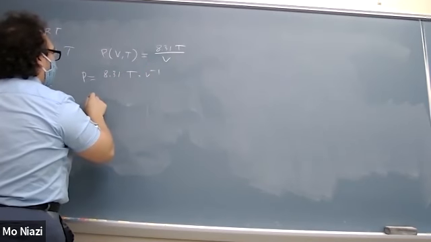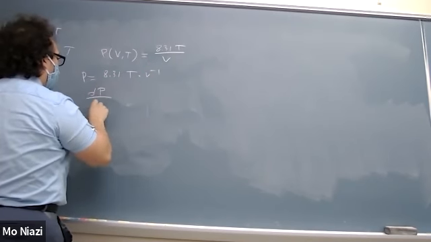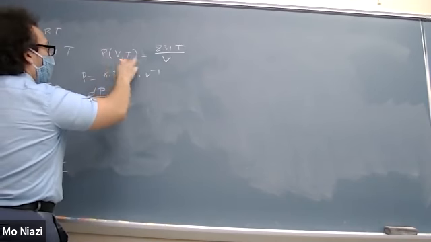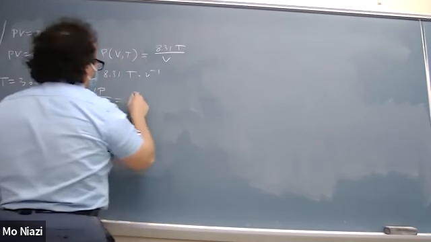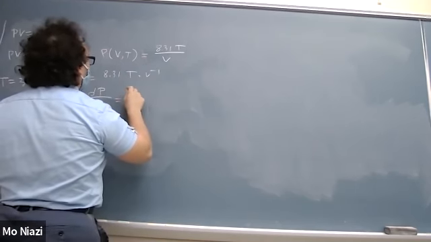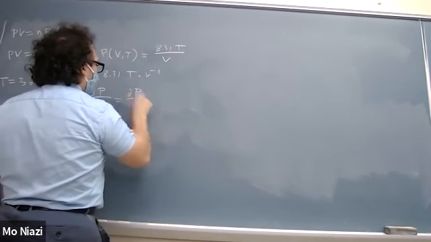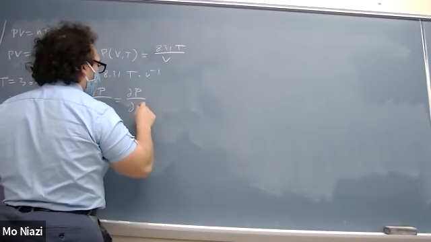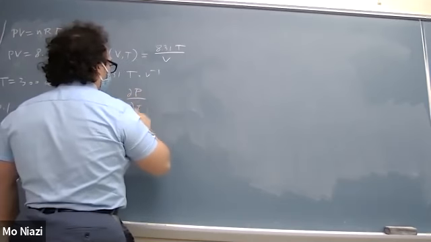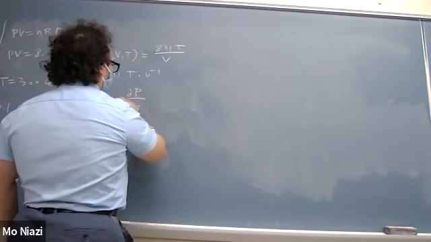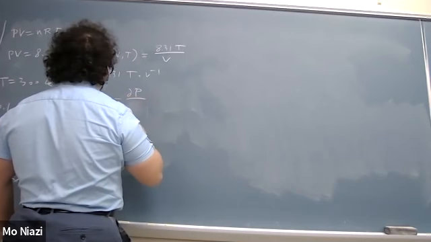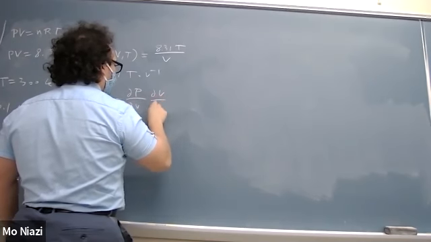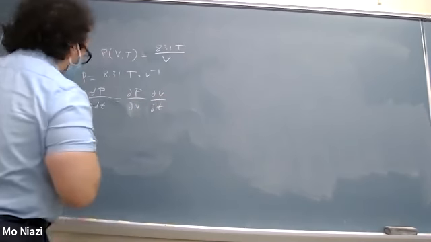Then I can say dP/dt, the total derivative, is the partial derivative of P with respect to V and T. So you're going to get your partial P, partial V, times partial V, partial t.